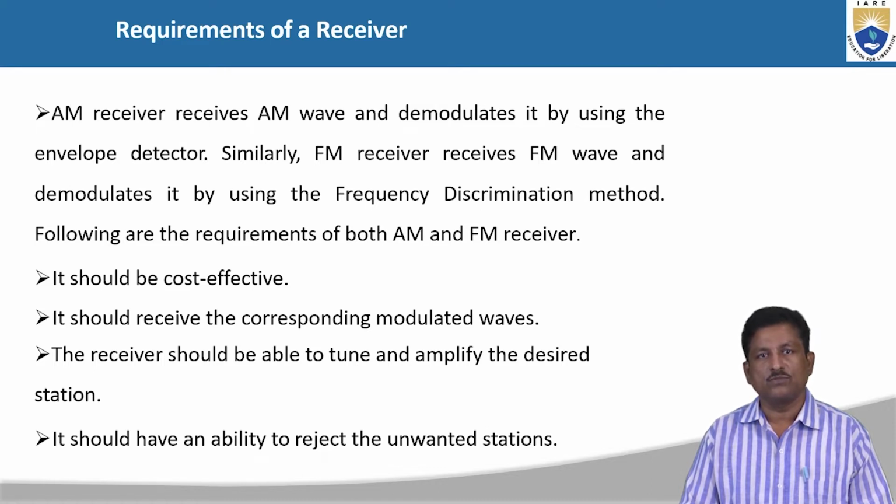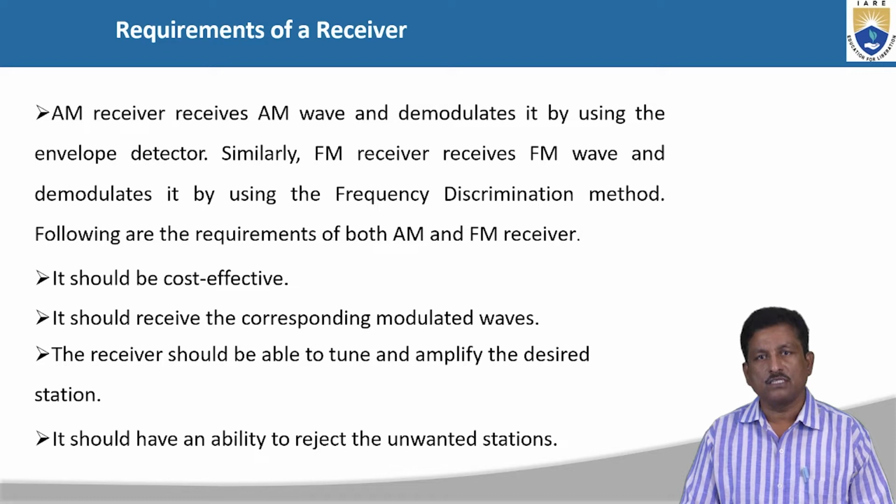If the cost is more, the use of the receiver by consumers will be very less. So it should be economical, the cost should be very low, the design should be very easy, and the tuning of the desired frequency should be done in a proper way. These are the main things we have to consider while selecting any receiver.